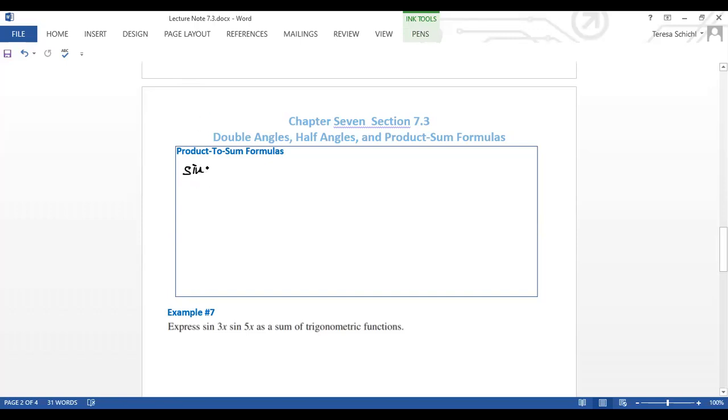If I have sine x cosine y, this will be equal to 1/2 times sine of x plus y, plus sine of x minus y.